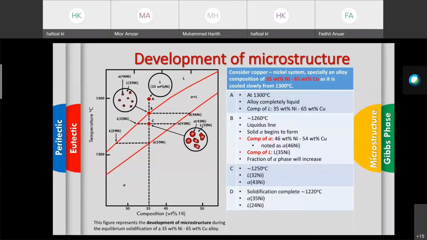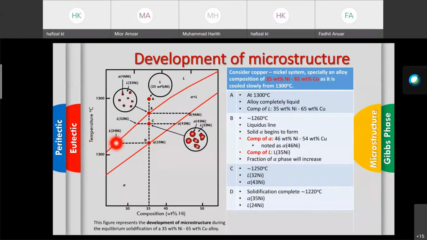So at point D, we have the intersection of the horizontal line and the solidus line. Then we project the horizontal line at this point, and we can get the value of alpha, which is 35, and also the liquid at 24.